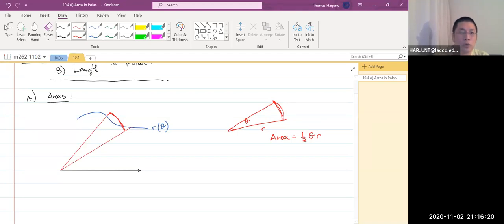So if this is the radius r as a function of theta, and this is a very small change of angle, they call it d theta, then the differential of the area is equal to 1/2 r squared d theta.